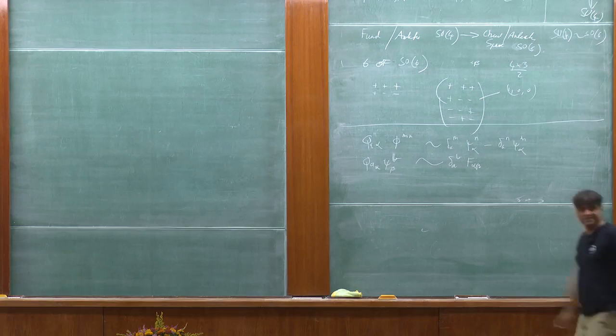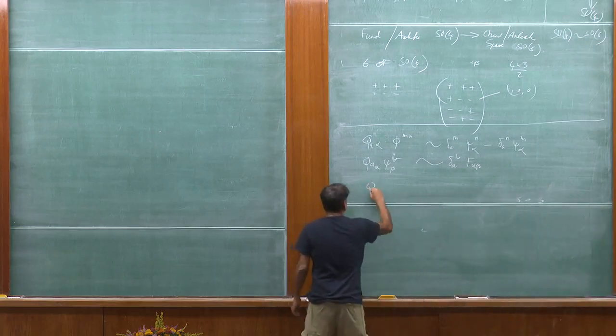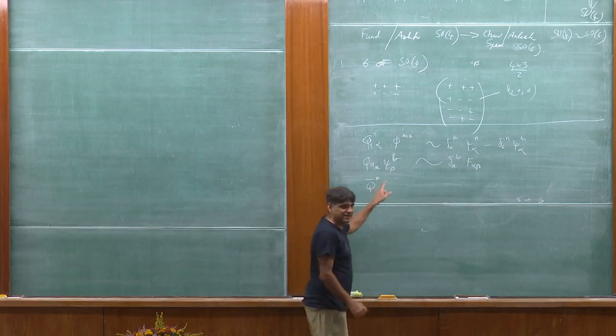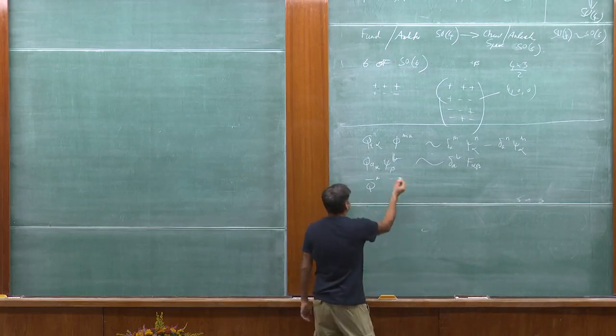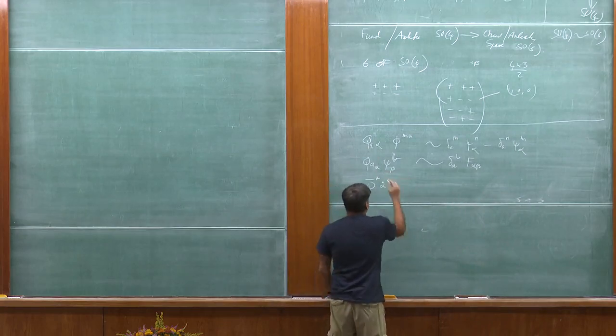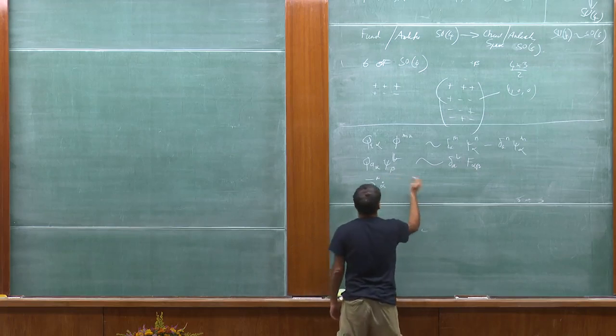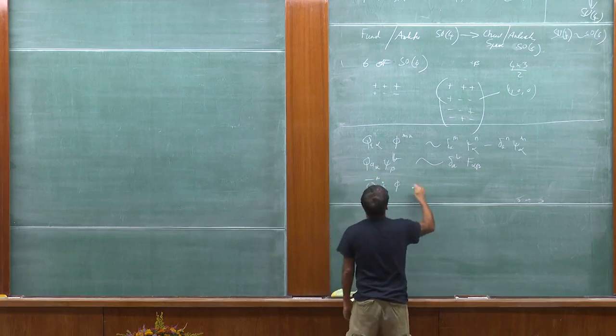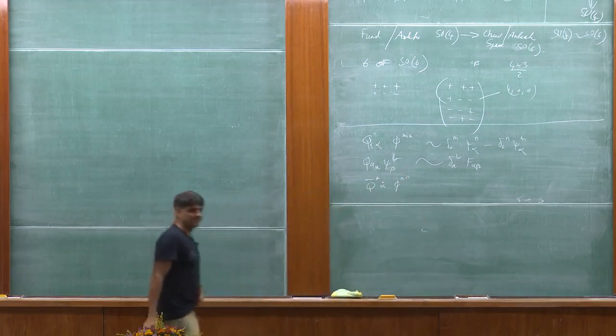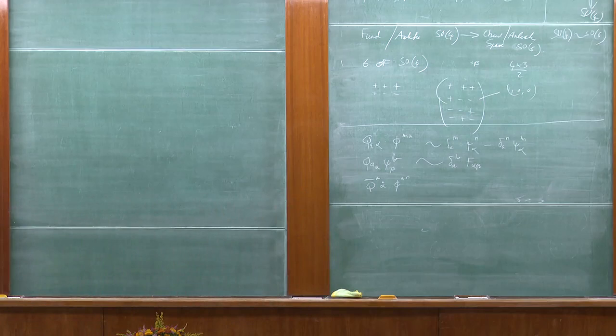Let's look at some Q bars. Now Q bar lifts this index because it takes fundamental to anti-fundamental, and this becomes alpha dot. Let's look at this guy on phi first. Phi mn. Any suggestions for what this might be?